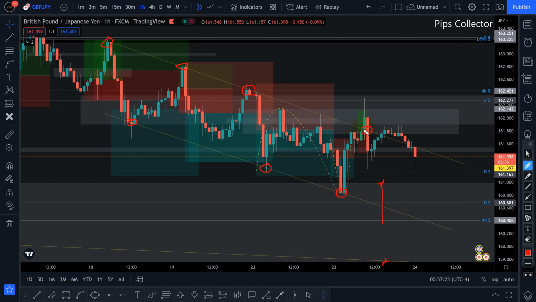People will be looking to take sell here for price to come down. Whilst they're looking to take sell, this is exactly where I entered another buy, which there was no way for me to talk about because as at then price was somewhere around here. I took this buy, got my TP before price turned bearish.